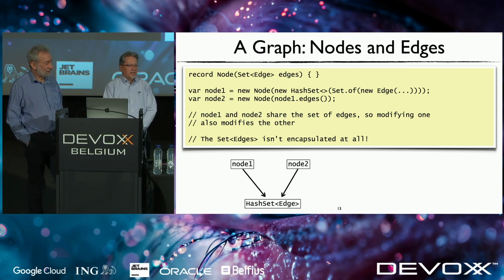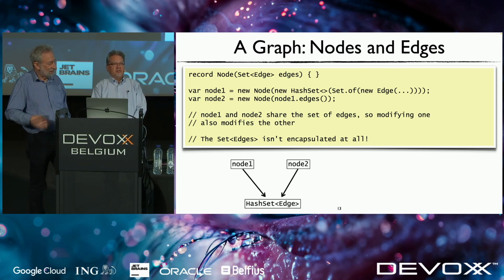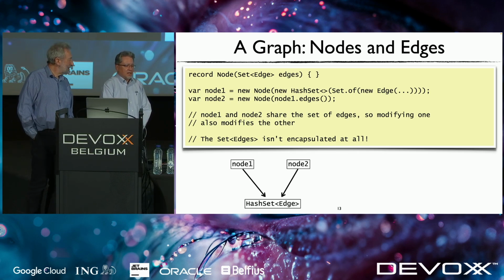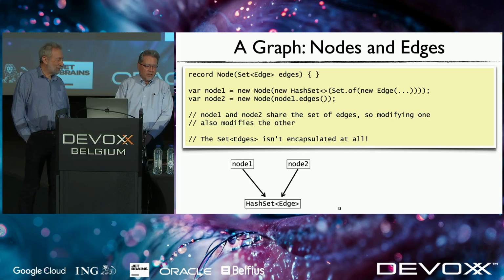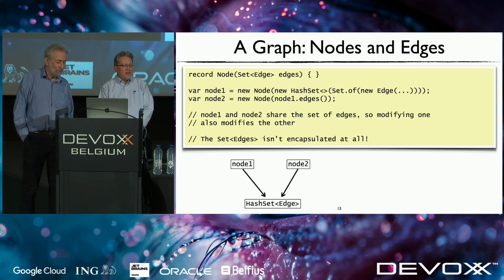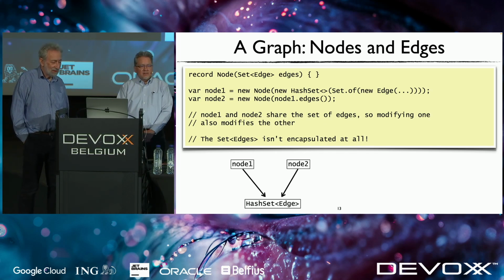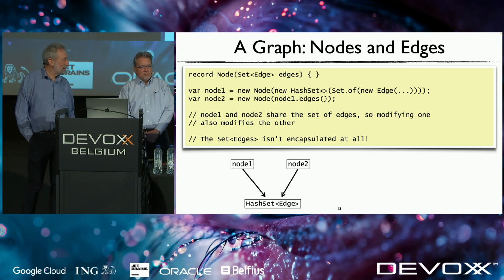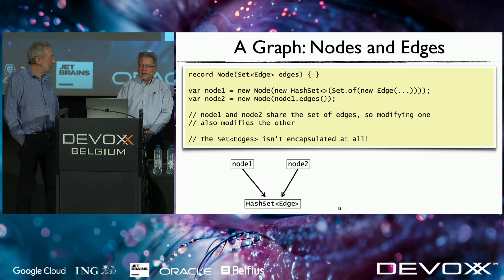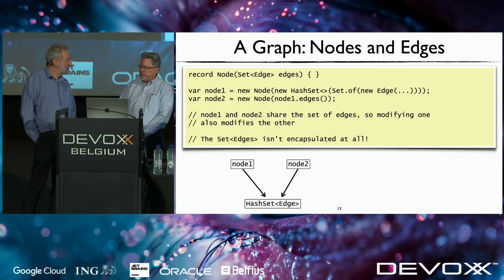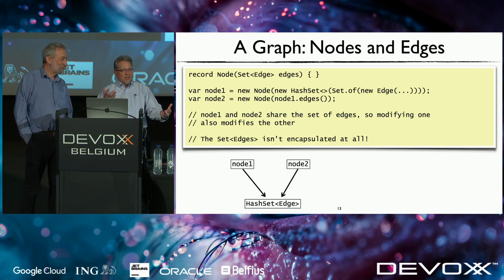What that does is it gets the reference to node 1's set and then passes it to the new node 2, which dutifully stores it in its field, which is what it does. And so in this object diagram below, node 1 and node 2 point to the same hash set. That's kind of a problem because, like we saw in the previous slides, you can go ahead and mutate that, and that will end up mutating both objects.